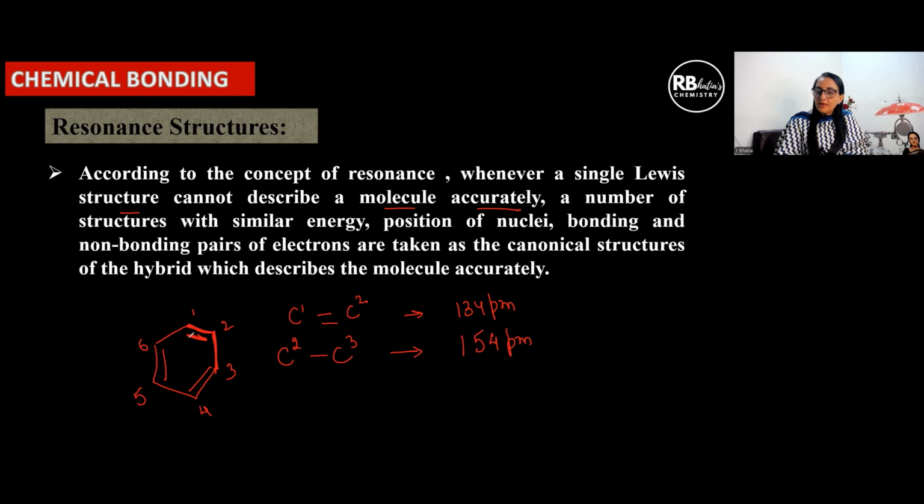We know, we checked in the last video, bond order is directly proportional to bond strength, but inversely proportional to bond length. More is the bond order, lesser is the bond length.